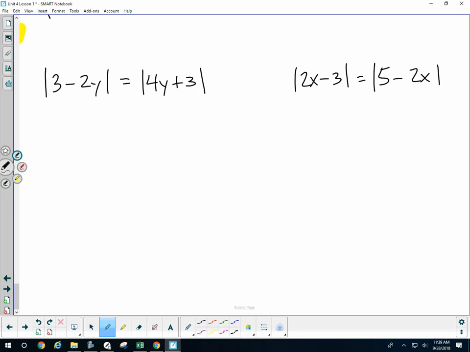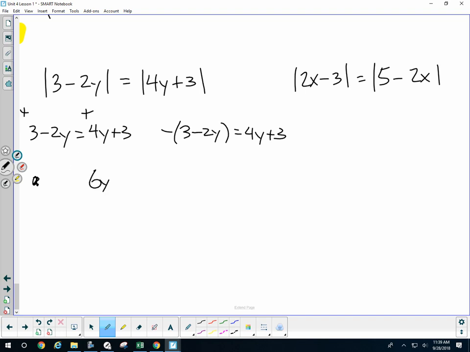So, absolute values on both sides of the equation, two situations. They both have the same sign, or they both have opposite signs. Now, I could have the opposite on either side, as long as I have it on one of the sides. Here I have them being both positive. Here, one is negative, one is positive. I can add 2y, subtract 3.